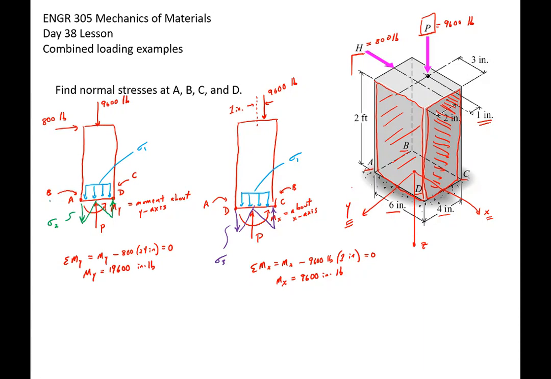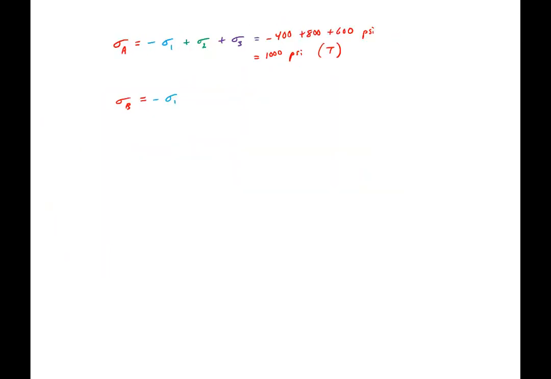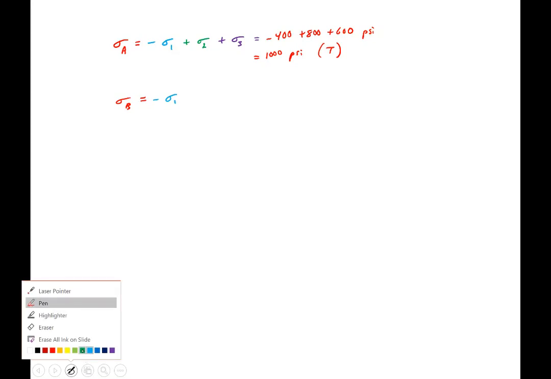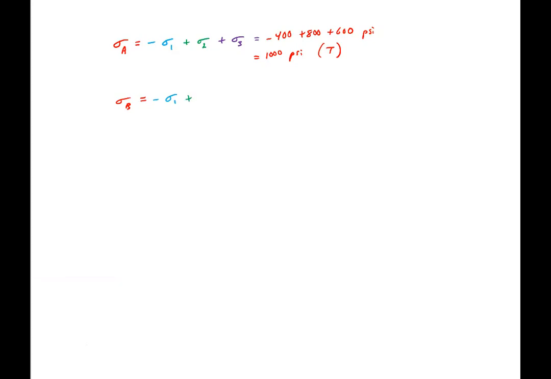Point B, the corner of B, is behind A, so it's on the same side of the structure as A. So I'm going to have a tensile load from sigma 2. That means my sigma 2 is going to be plus sigma 2.